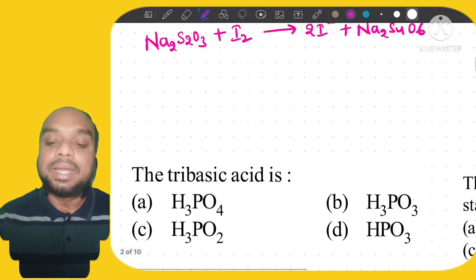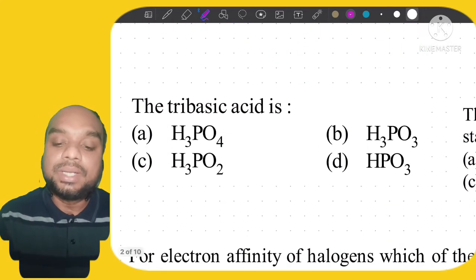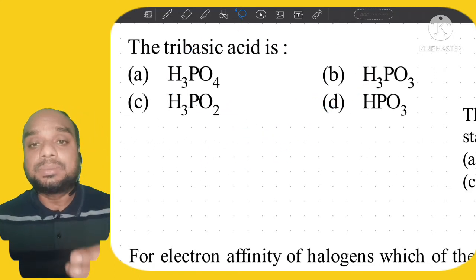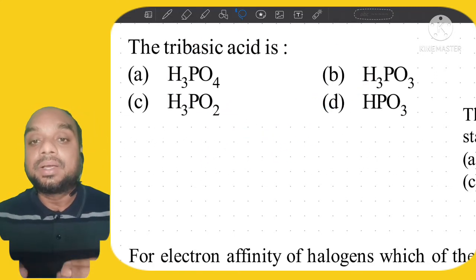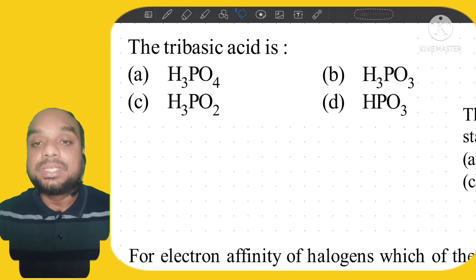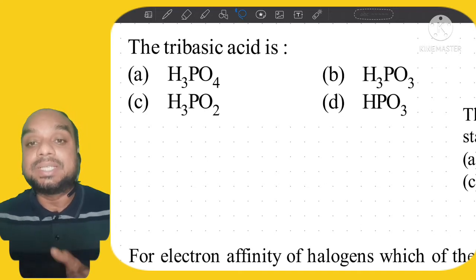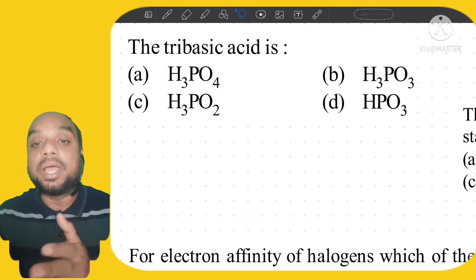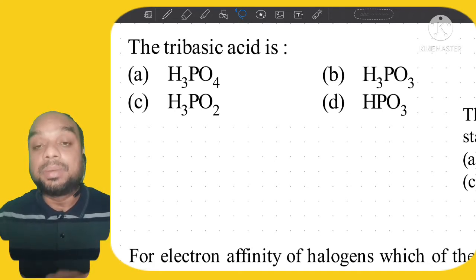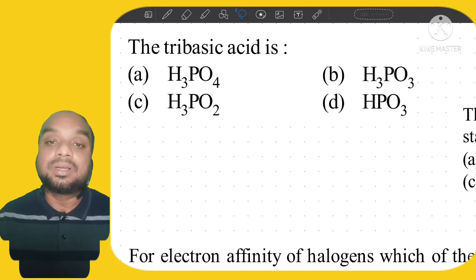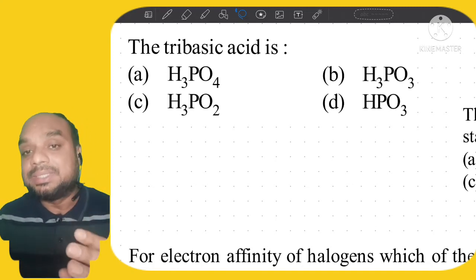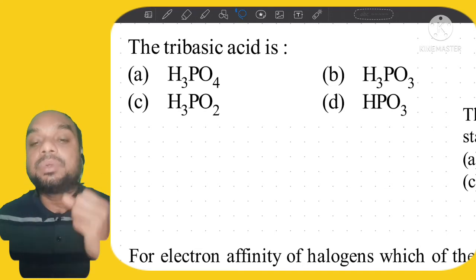Next question. Tribasic acid. What is tribasic acid? Basic means the substance which gives 3 H+ ions in its aqueous solution. Otherwise, the number of replaceable hydrogen atoms present in a given acid is called basicity. Tribasic acid means that acid contains 3 replaceable hydrogen atoms.